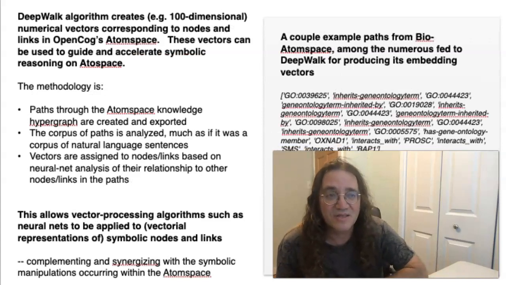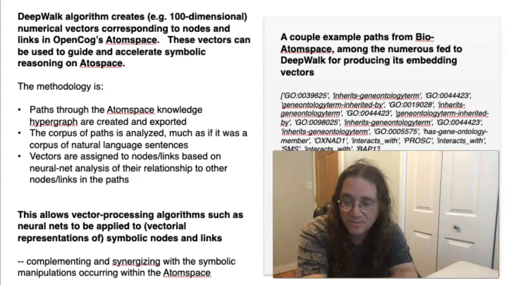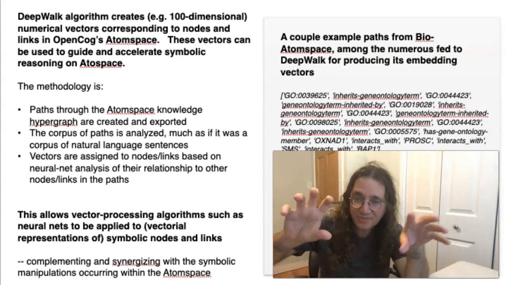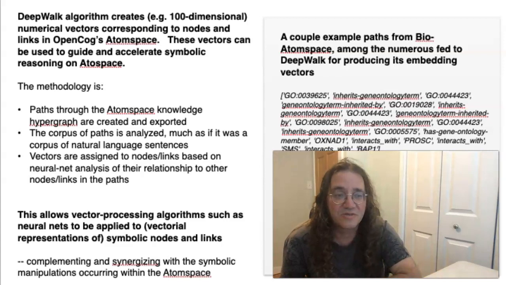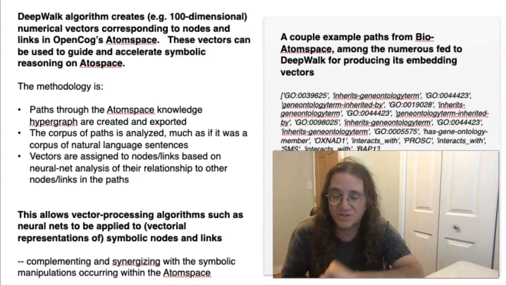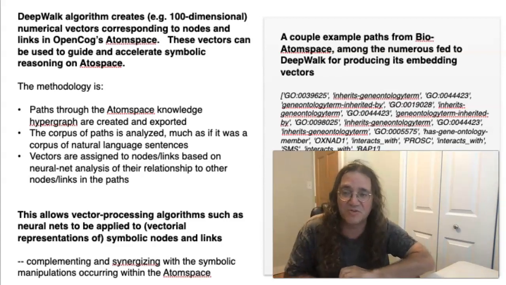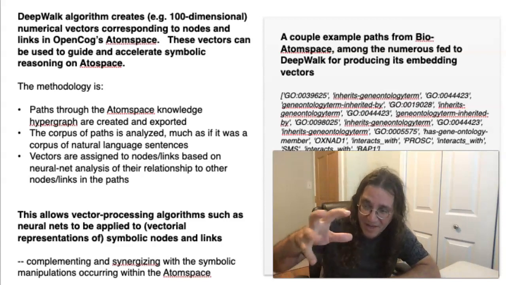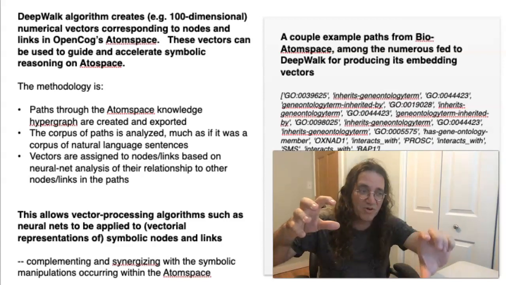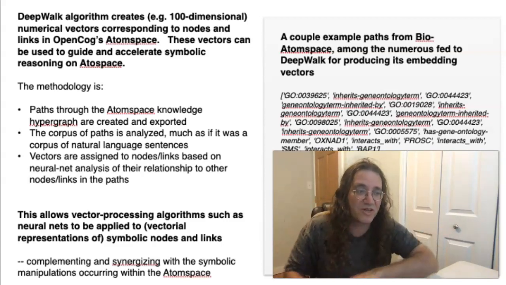So the key technical thing that we'll be doing to connect the logic side to the vector side is running the DeepWalk algorithm, which is not our invention. It's been used before, but mostly on social network graphs. We've been using the DeepWalk algorithm to embed the nodes and links in our knowledge hypergraph into numerical vectors.